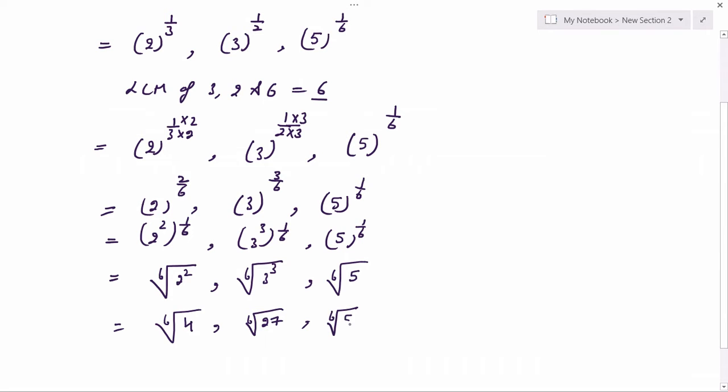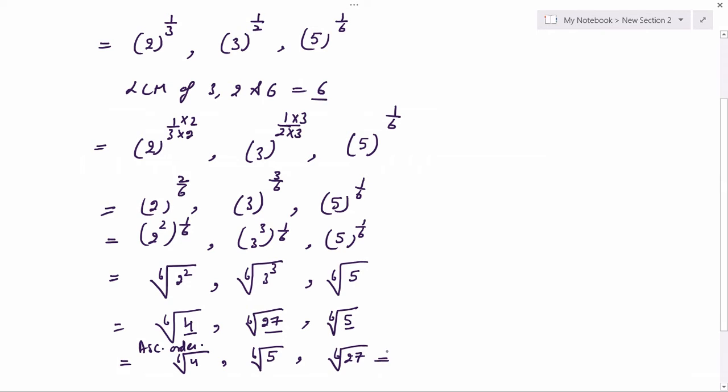And now you can arrange these numbers according to the number given inside this root. So your ascending order is, your first number will be this, second will be this and third will be 6th root of 27. Ascending order, right?